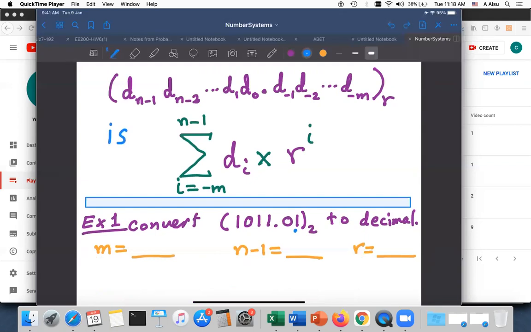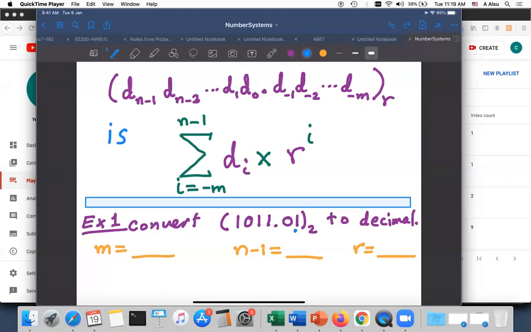So what is m now? 1. Can you say it again? I didn't hear you. 1. M is 1. Yes. So what does that mean? I think it's two, the most significant number. No, it's not. This is d sub minus m.